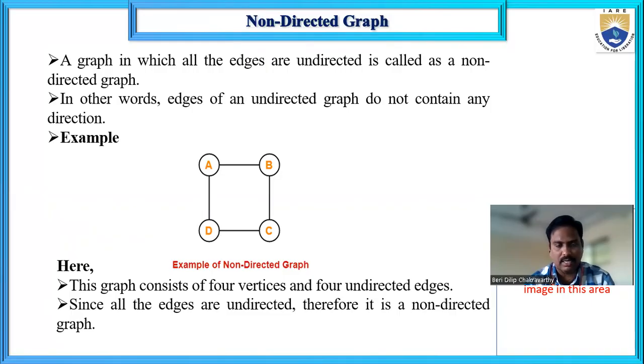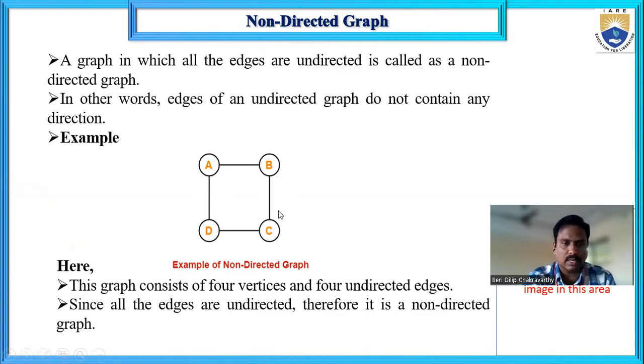If you see this diagram, there is no direction, whether it is moving from this direction to that direction or the other way. We will call it a non-directed graph. This graph consists of four vertices and four undirected edges.